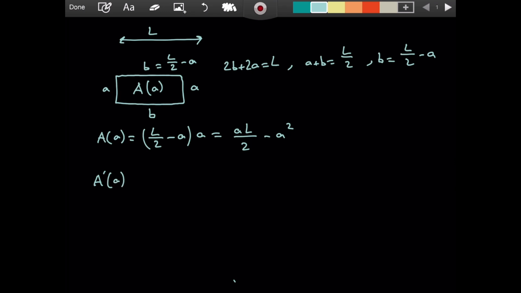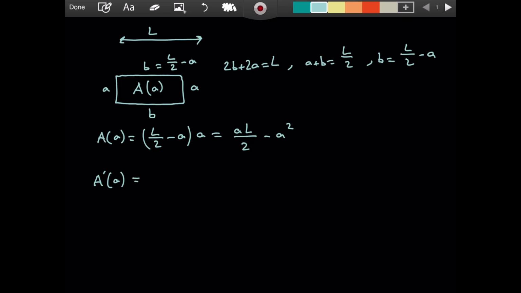We are taking the derivative of the area with respect to the length of this side. This is the variable that we are using to take the derivative. How do we differentiate this? This is fairly simple if you know derivatives.